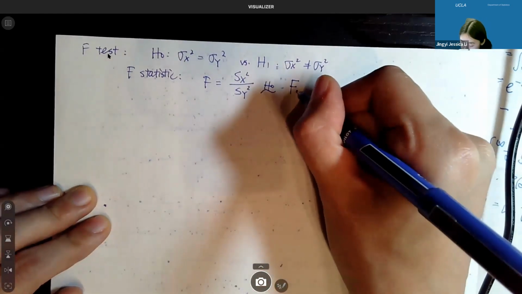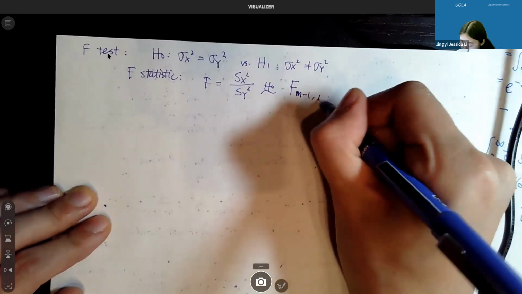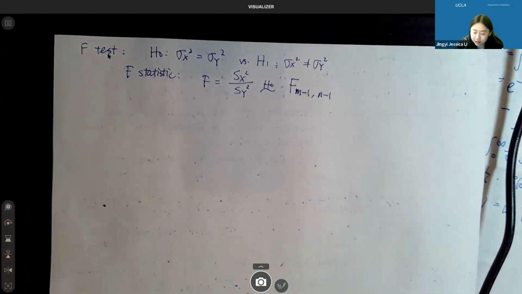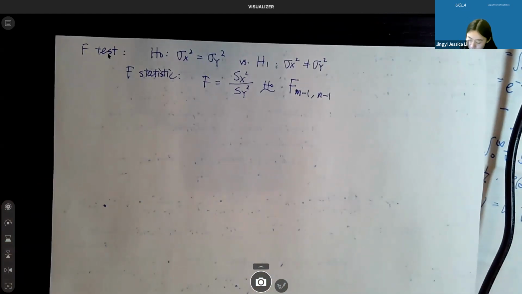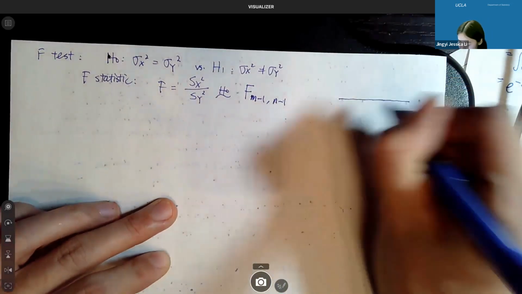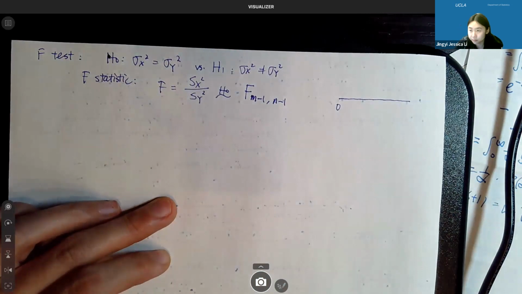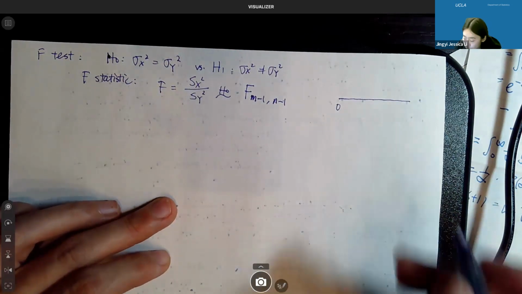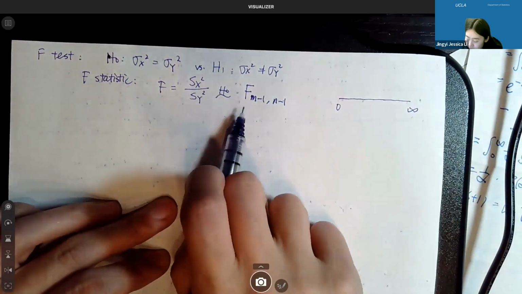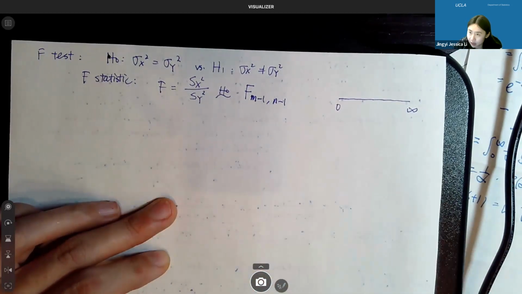For the numerator, it's m minus 1, sample size minus 1. For the denominator, it's n minus 1, the other sample size minus 1. For this ratio, we know its value cannot be negative, so the F distribution has domain just on the positive part of the real line.